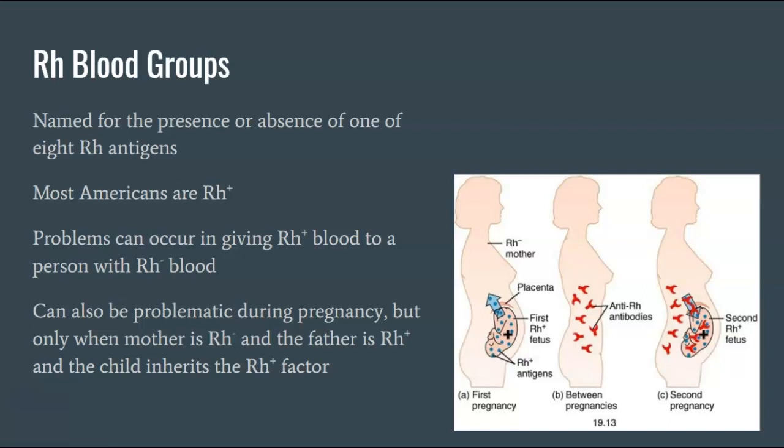The child could inherit the Rh positive factor, and because the mother is negative and the baby is positive, they can actually send out those antibodies, and it can be super problematic because obviously you don't want the antibodies attacking the fetus or the mother, but the baby can have a different blood type than the mother.